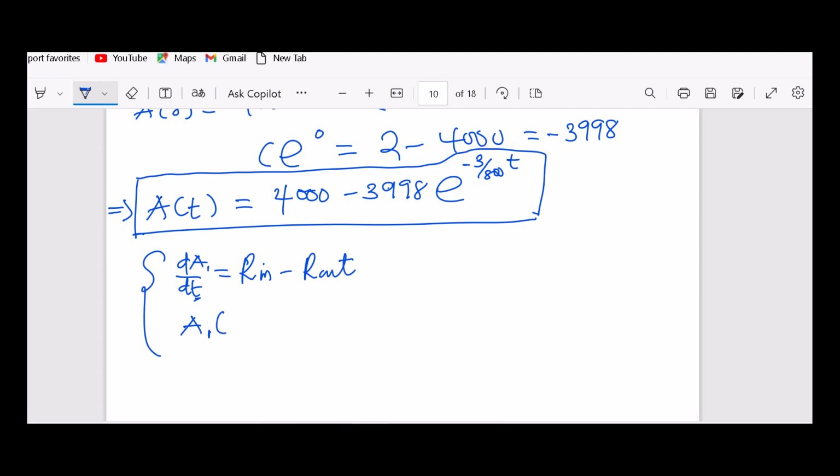Let me call the time here T_A, where A of T_A equals 500 ounces, because when the time reaches this, the pollution in it becomes this.